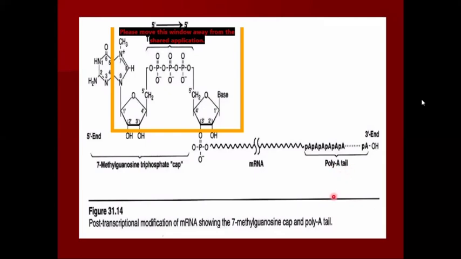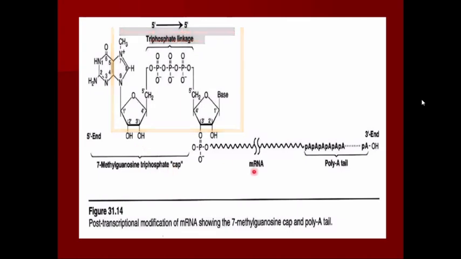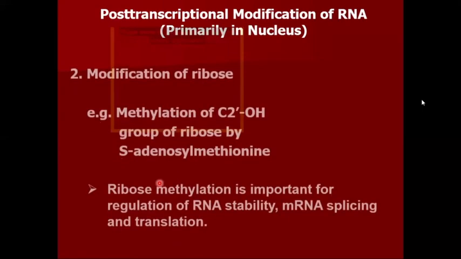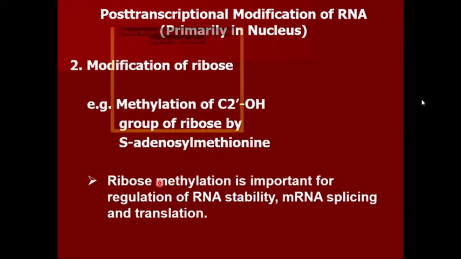That one is a cap made up of methylated guanine residue. Then you can also modify the ribose through methylation.